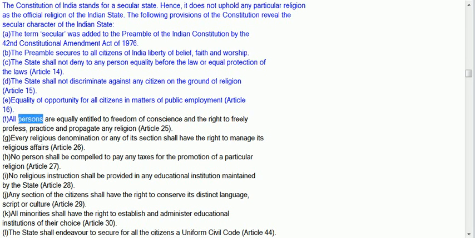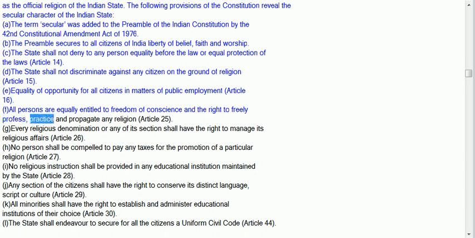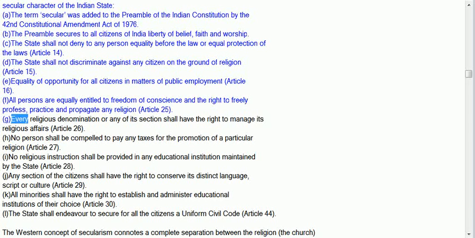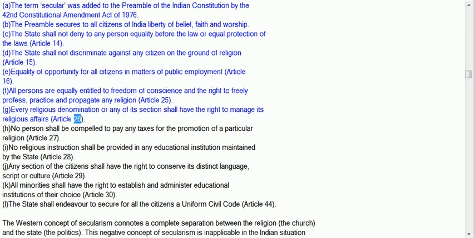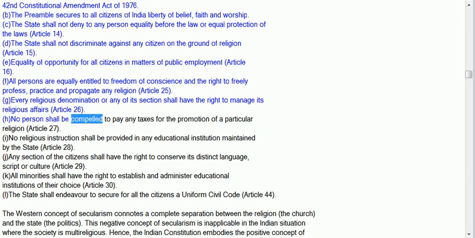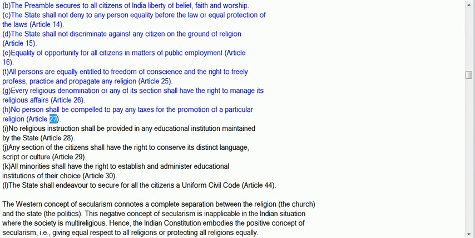F. All persons are equally entitled to freedom of conscience and the right to freely profess, practice and propagate any religion, Article 25. G. Every religious denomination or any of its section shall have the right to manage its religious affairs, Article 26. H. No person shall be compelled to pay any taxes for the promotion of a particular religion, Article 27.